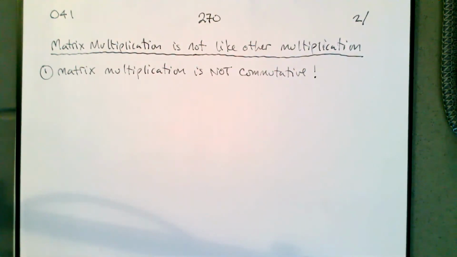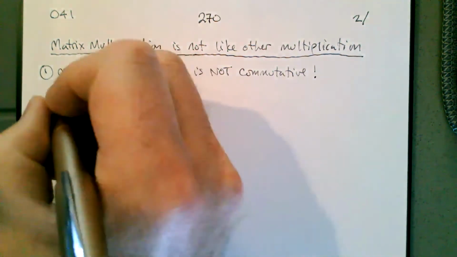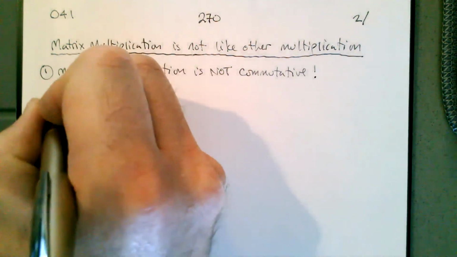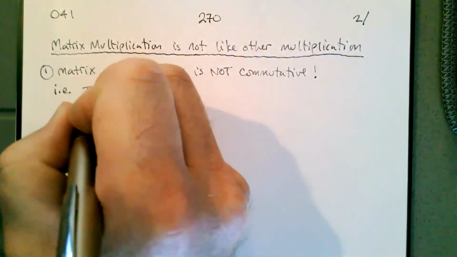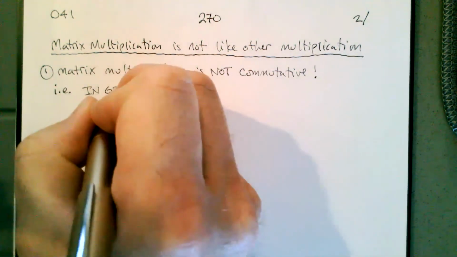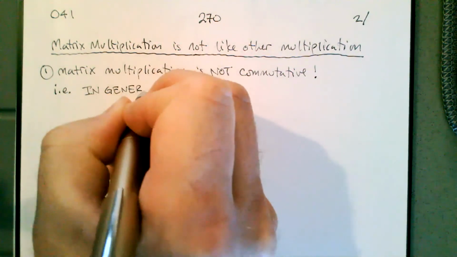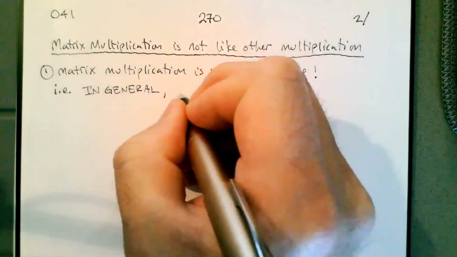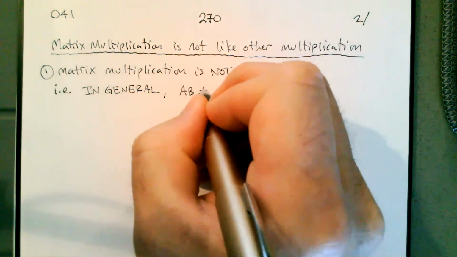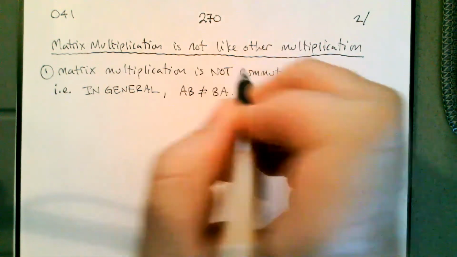When we multiply real numbers, A times B is equal to B times A. But if A and B are matrices, then AB is not generally equal to BA. So that is in general. AB is not equal to BA.